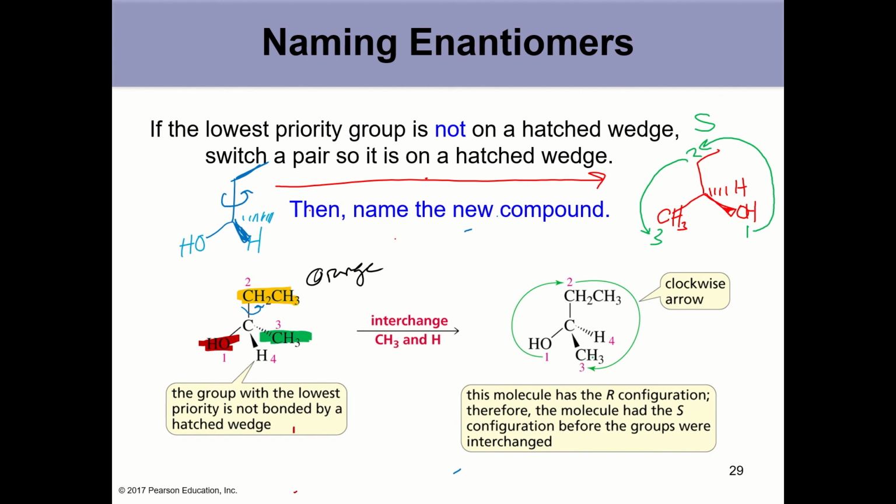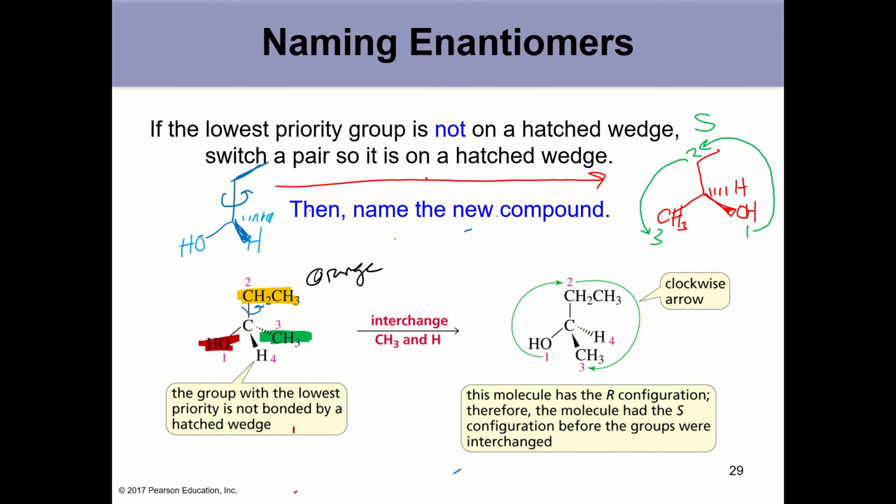Now here's what I was trying to say about the method of switching group 3 and group 4. Notice that if I switch group 3 and group 4, the direction of the arrows is clockwise. So when I exchange group 3 and group 4, I am creating the enantiomer.